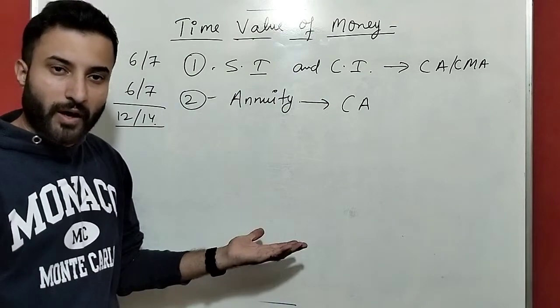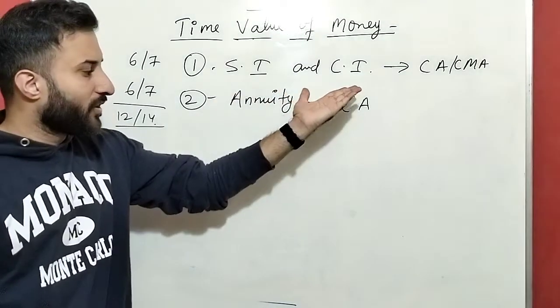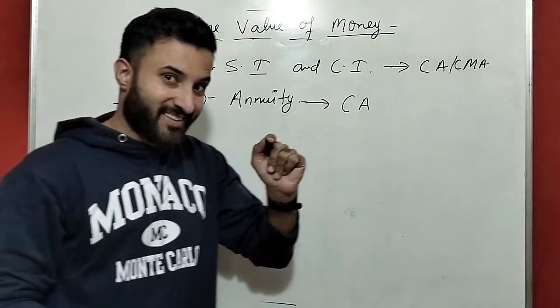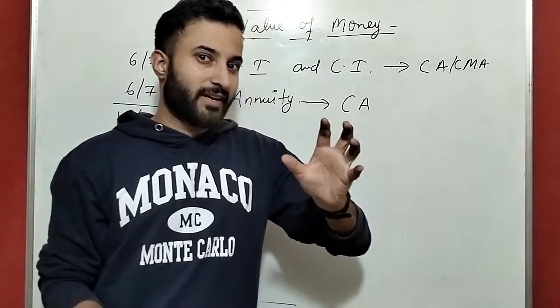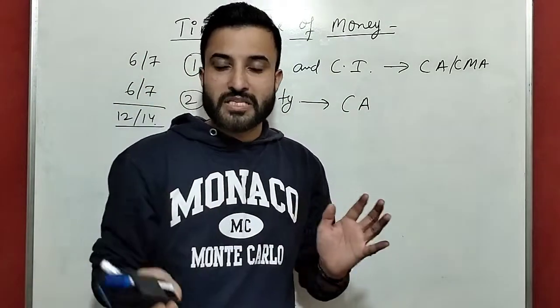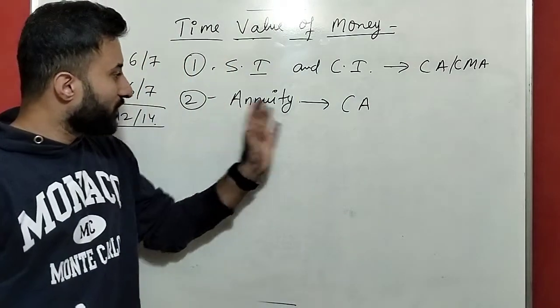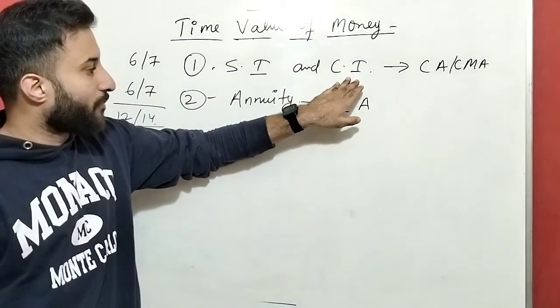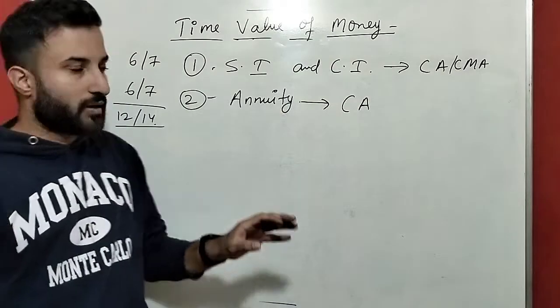Now you will ask why. Simple interest and compound interest look easy, but they are not that easy. Mostly students face difficulty in compound interest and annuity.